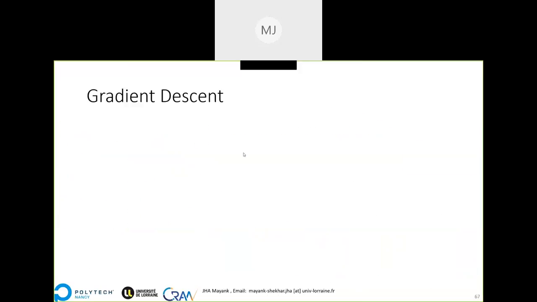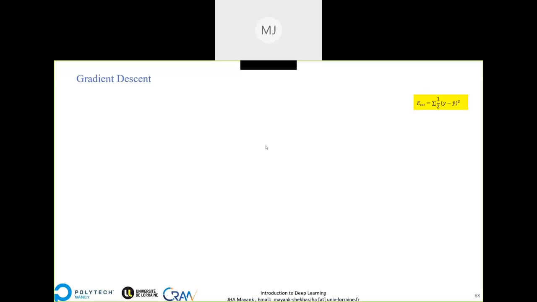A neural network can learn using many algorithms, optimization techniques, but one of the most usual ways of learning is gradient descent. It is pretty efficient, very famous, and almost always used, at least the first time.